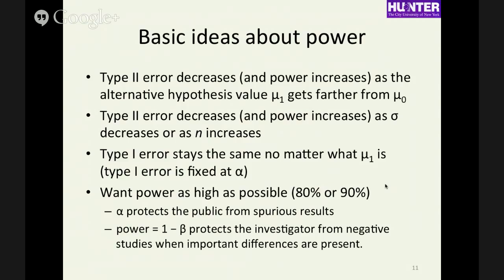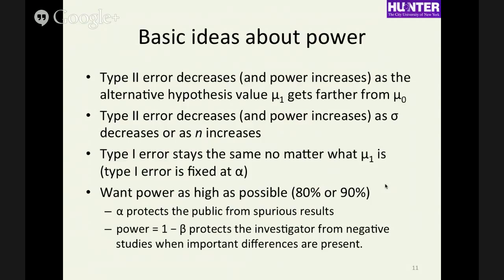Remember, there's the hypothetical bit in there. So it is that if there really is a difference in the blood pressure of a certain amount, the chances of us being able to detect it in this study are 90%. If there's no difference, then we don't expect to detect it, because power is 1 minus the type 2 error rate.